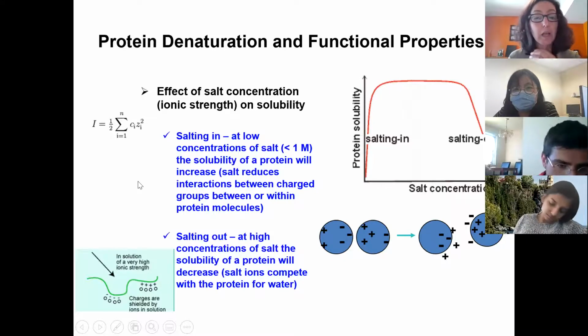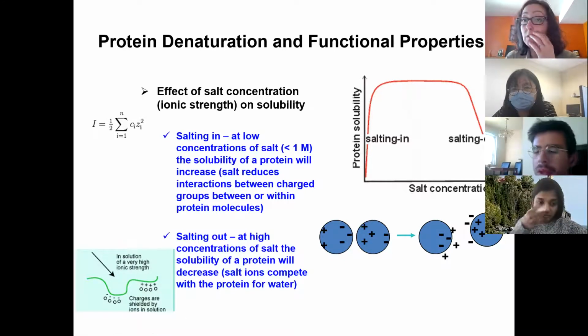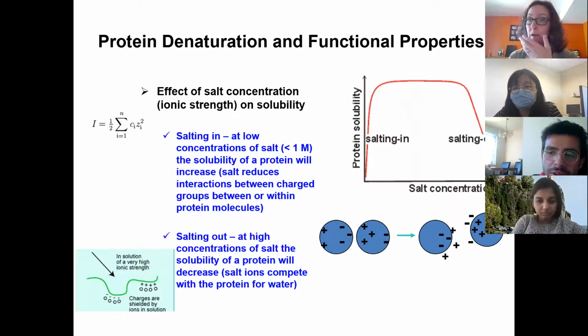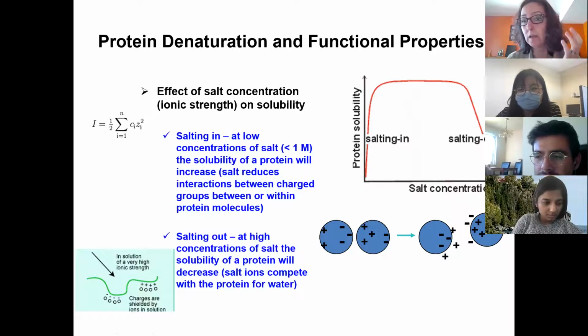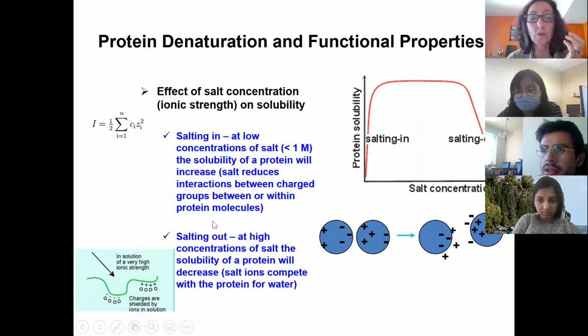This is also FYI. Okay, so salting out. When we add an excess amount of salt, you can see here, you increase the solubility, you reach a plateau, which I showed you earlier with water binding, for example. Then with more highly concentrated salt or higher ionic strength, you start getting interaction with the different ionized groups, and then you break intermolecular electrostatic interactions within the protein.